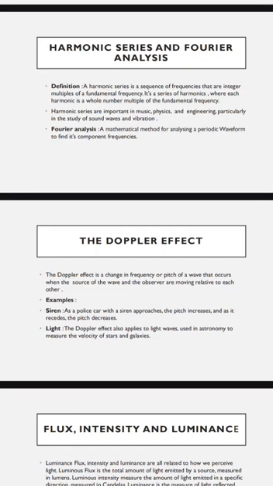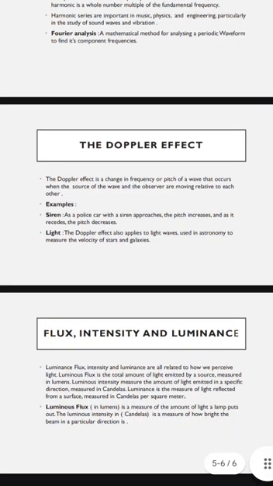Now, if we take examples, a police car with a siren: as it approaches, the pitch increases, and as it recedes, the pitch decreases. The Doppler effect also applies to light waves, used in astronomy to measure the velocity of stars and galaxies. Next, we move towards flux, intensity, and luminance.